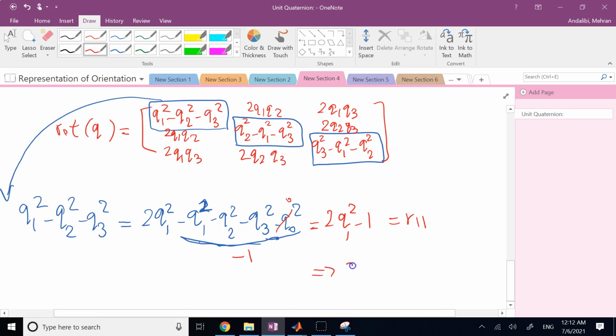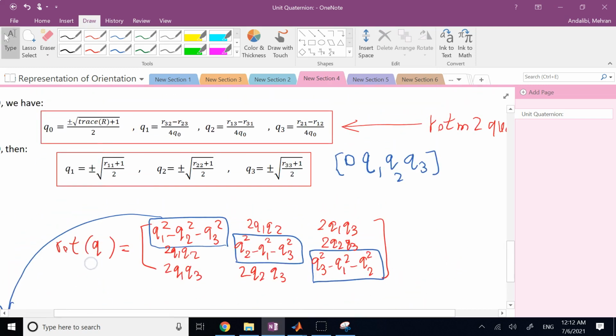There we go. What is Q1? Take 1 to the other side, divide by 2, take the square root. That's this formula. And you can do a similar trick with elements 2,2 and 3,3 and show that Q2 and Q3 can come from those entries in the rotation matrix.